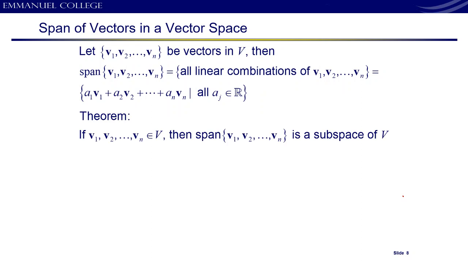And then this is a nice one. If you have V1 through Vn that are in your vector space, then the span of those vectors is a subspace. Because, remember, we said that they were closed under addition: if you add two vectors together in the space, you stayed in the space.